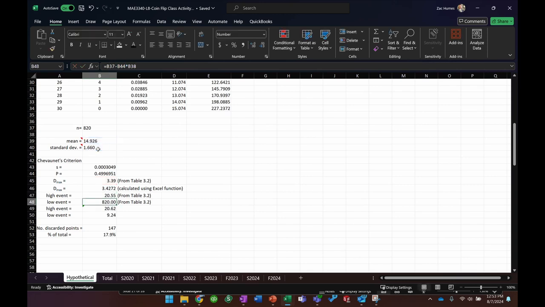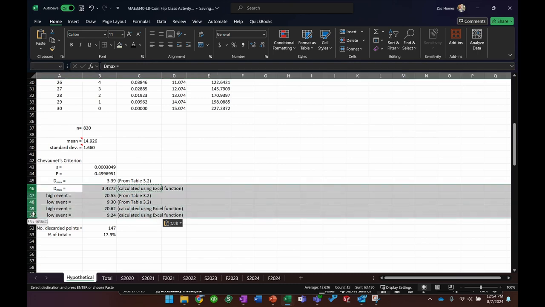So 20.55, and then on the low event, we have our mean minus our Dmax times our standard deviation. So look at that. Because we use the table, maybe I'll clean this up a little here.